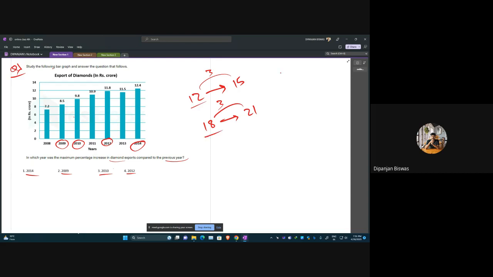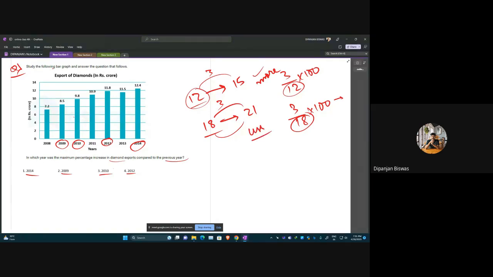So to get the increment, we will divide 3 by 12 and multiply by 100. Again, here, we will divide 3 by 18 and multiply by 100. So wherever the denominator is bigger, we'll get a lesser percentage. So a 3 increment on the basis of 12 is more than a 3 increment on the basis of 18. This is less.